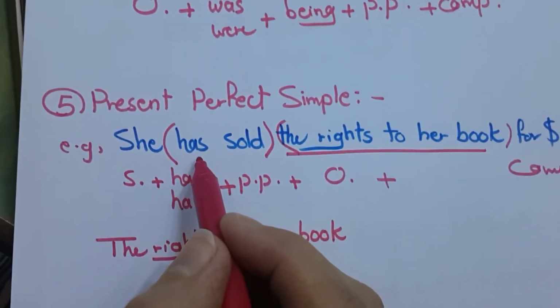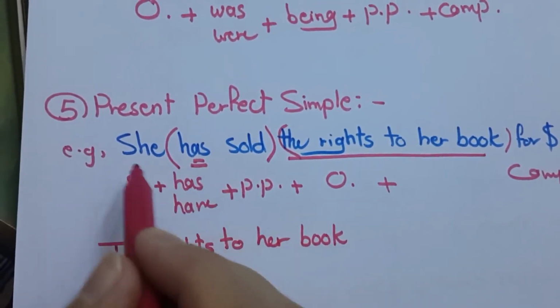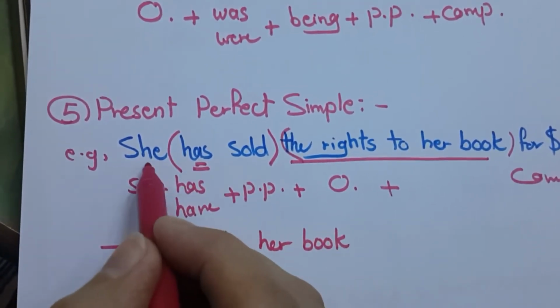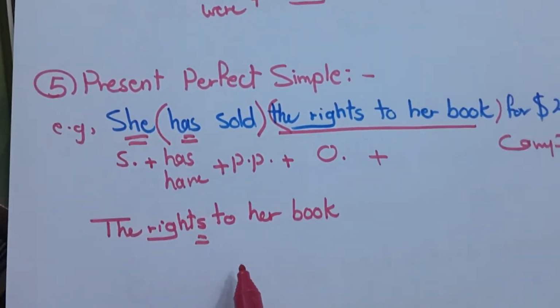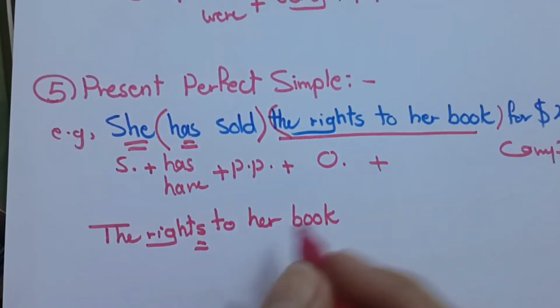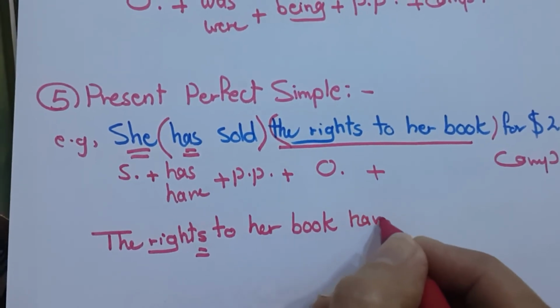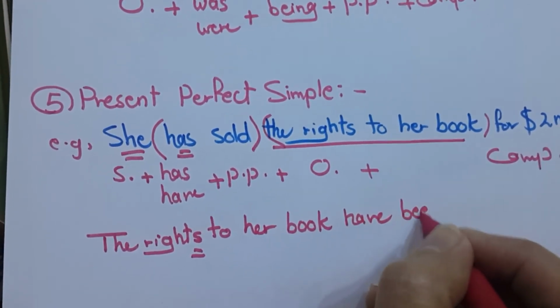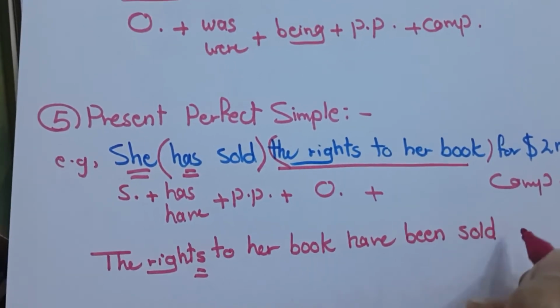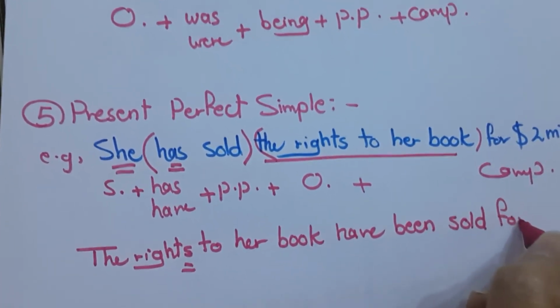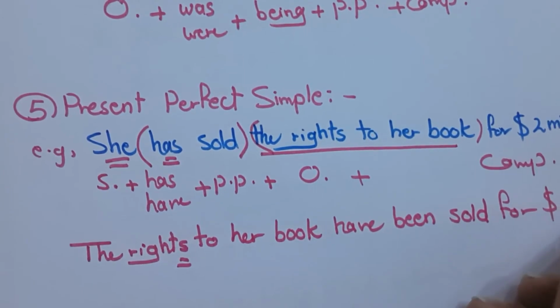In the active sentence, we have has with the past participle because the subject is she. Now the rights are what? Plural. We say the rights to her book have been sold for $2 million.